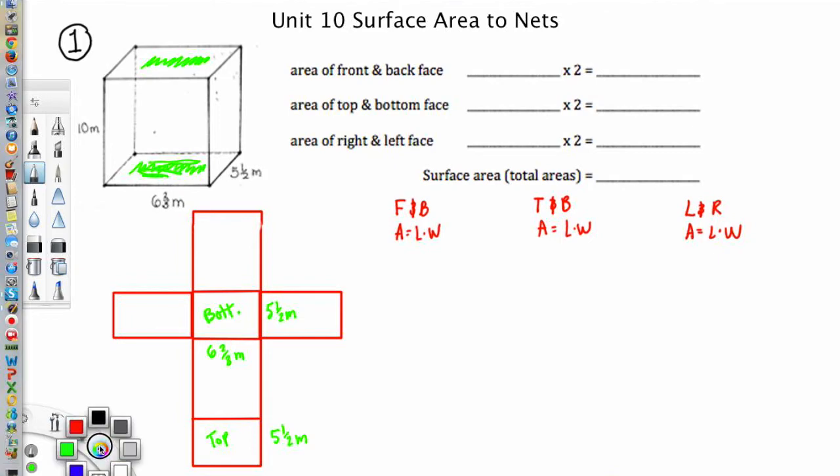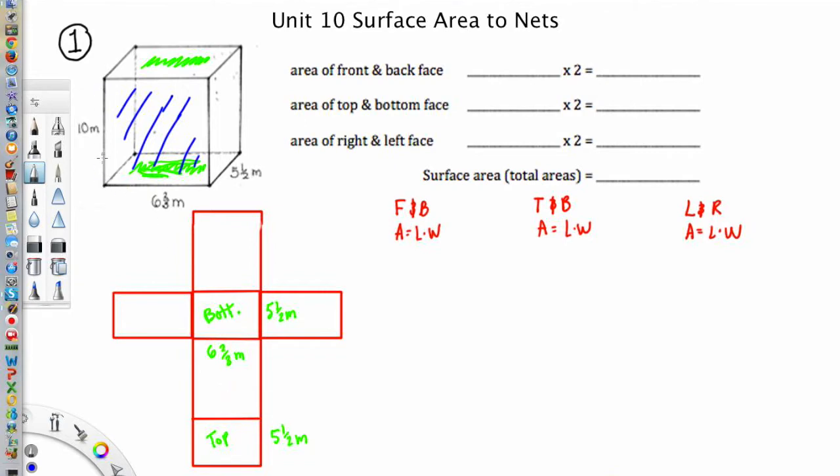Now let's take a look at, we have a front and a back panel. Let's change our color up a little bit. Let's go with blue. When I'm talking about the front panel, I'm talking about this guy right in here. If this is the bottom, this would be the front that I'd fold up, and it's 6 2/3 meters wide, just like the other rectangles. But what is the length?